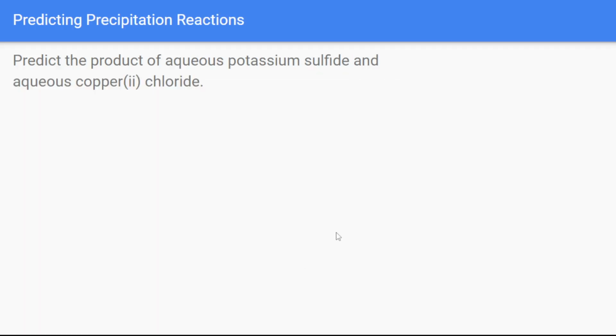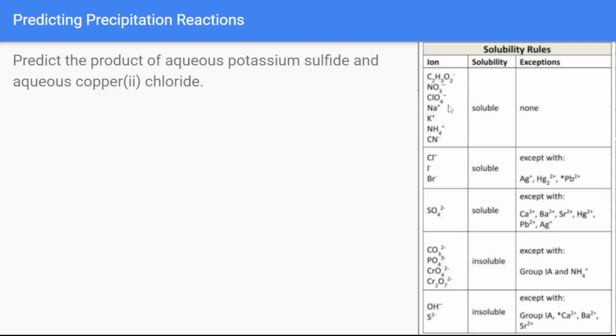How about predicting products? So if we have a reaction that could potentially be a precipitation reaction, we can predict the products by using our solubility rules. Potassium sulfide with copper 2 chloride, they're both aqueous, so this looks like a double replacement reaction. We have our solubility rules.